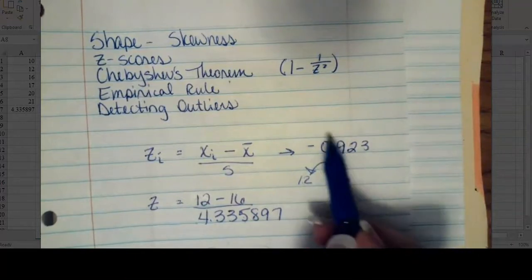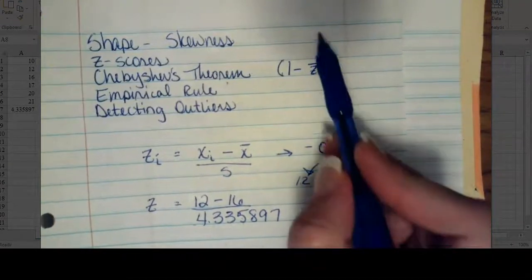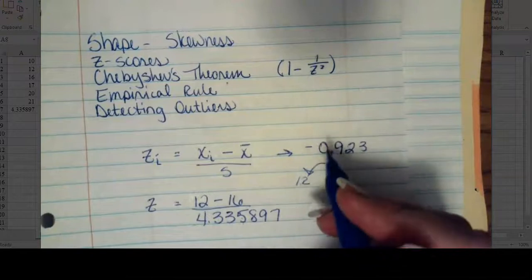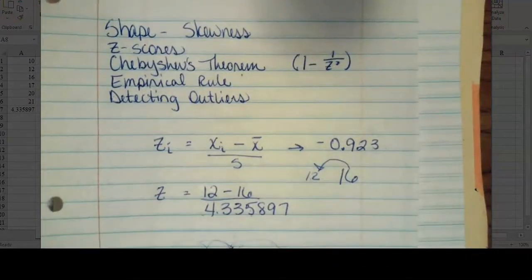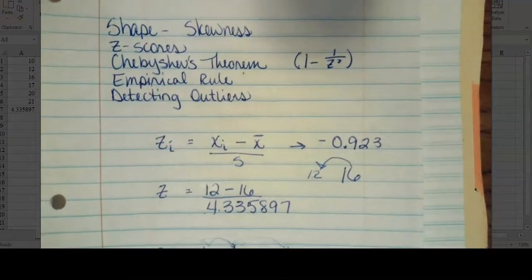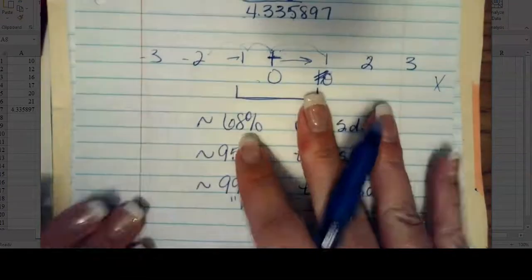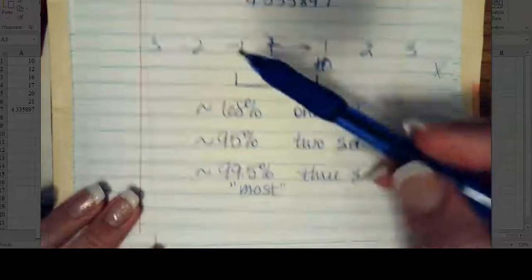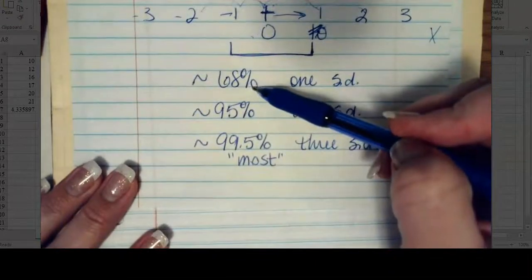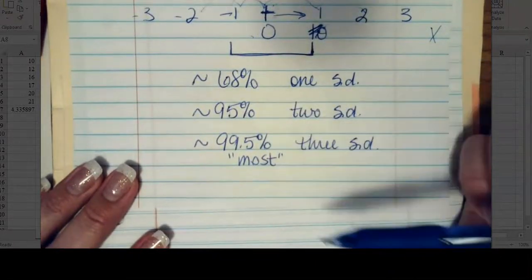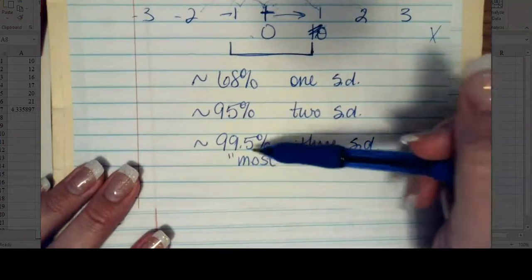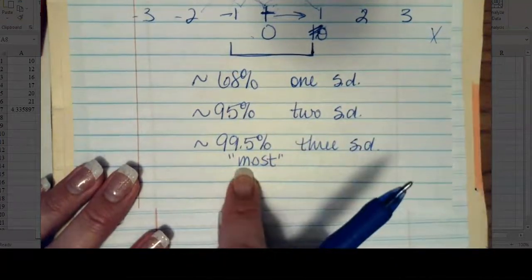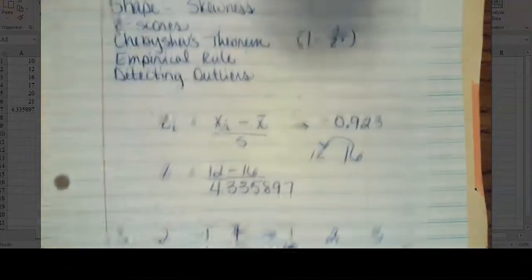I can apply it into Chebyshev's theorem, and that's going to tell me what percentage of the data must lie in there. So it's not going to be as broad as just saying 1 standard deviation is 68%, 2 standard deviations is 95%, and 3 standard deviations is most. We're going to get a little bit more specific here.